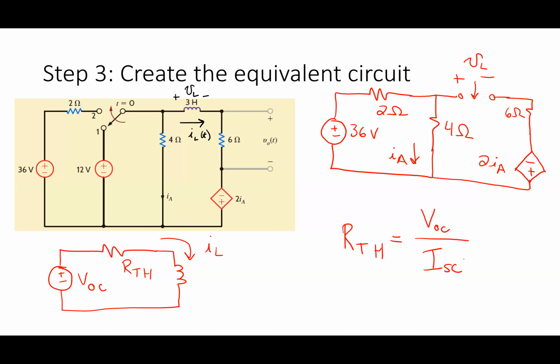So VOC, what's VOC? What's the meaning of it? It's the open circuit voltage. So it's the voltage when there is nothing at the terminals, right? What is I short circuit? Physically, what does that mean? It's the current when there is a short across those terminals, right? So VOC is the voltage here at these terminals. So right now in this setup, this would be VOC.